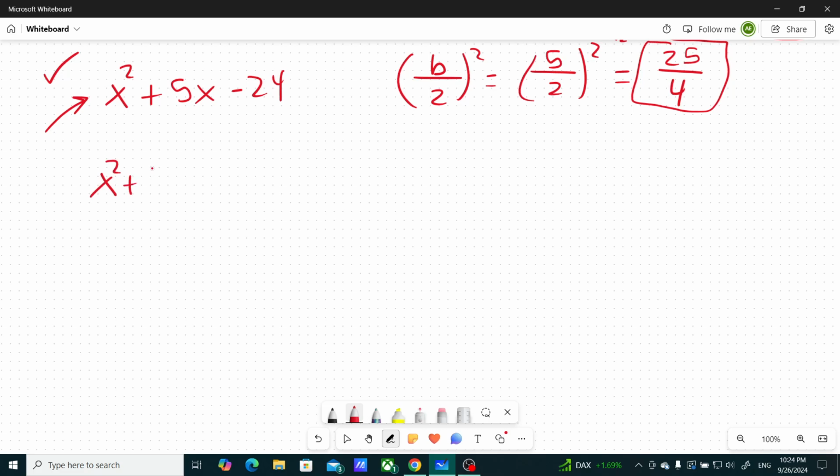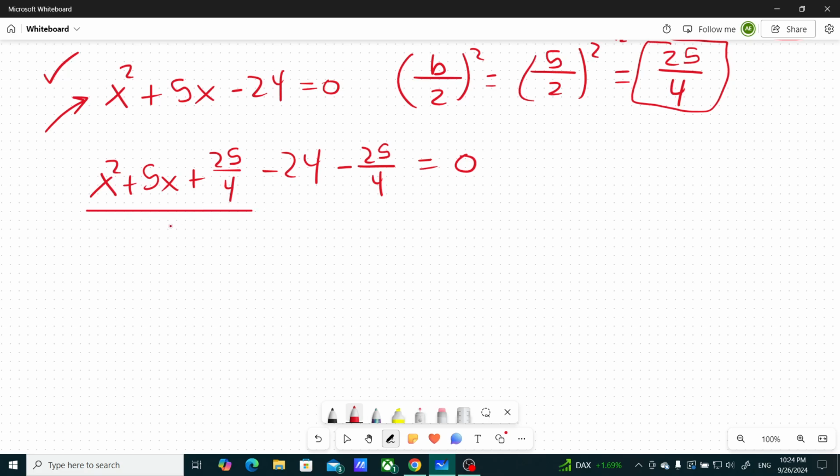x squared plus 5x. I will add my 25 over 4 to make this part a perfect square trinomial. I have a minus 24, and as we said, since I added 25 over 4, I need to subtract 25 over 4 to not change the equation. So up until now, we have this, and we know that the factorization for this part right here, since it's a perfect square trinomial, is very easy.